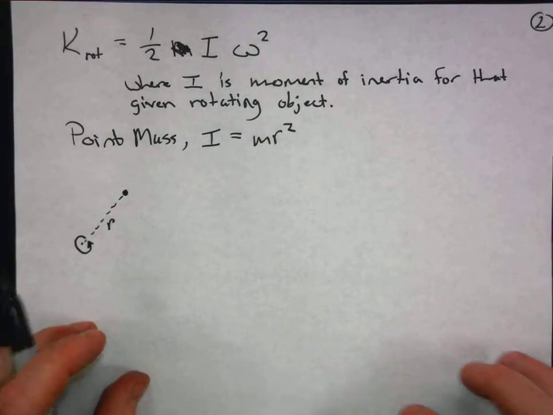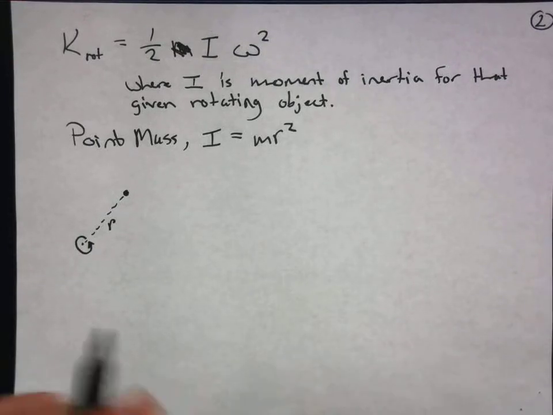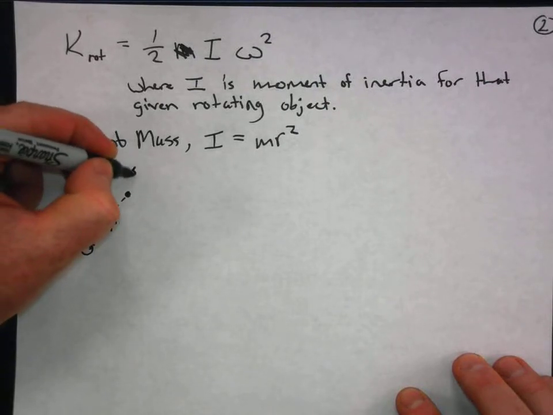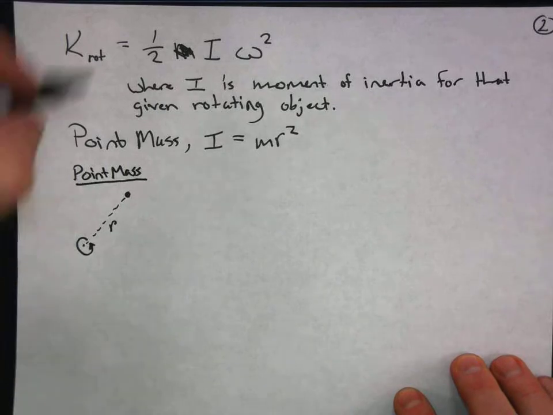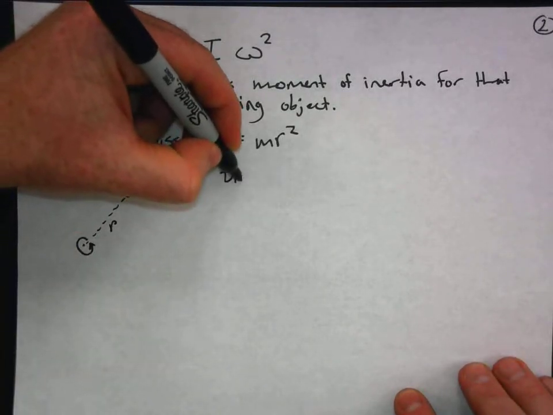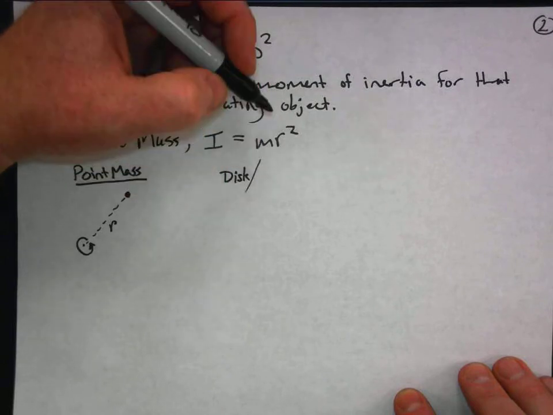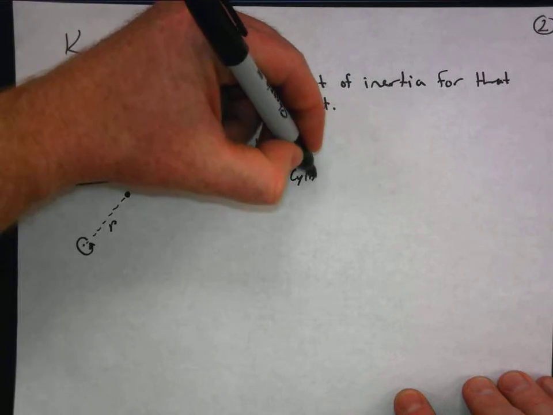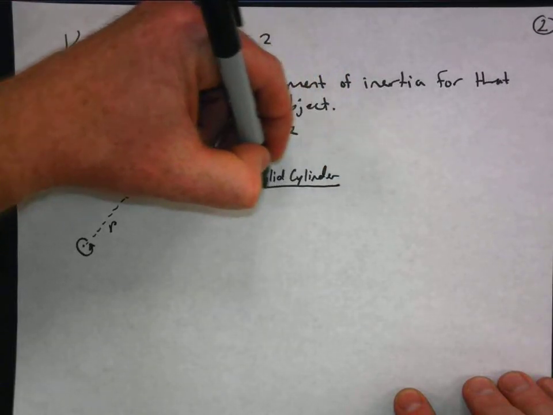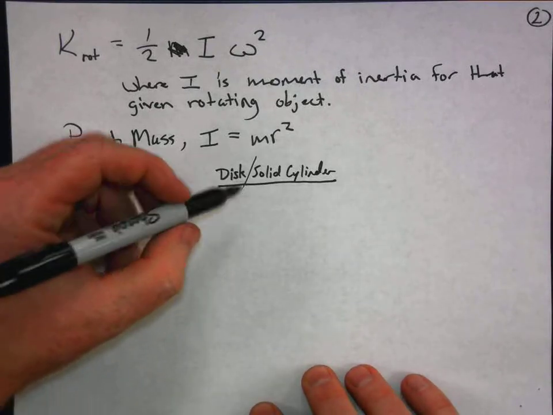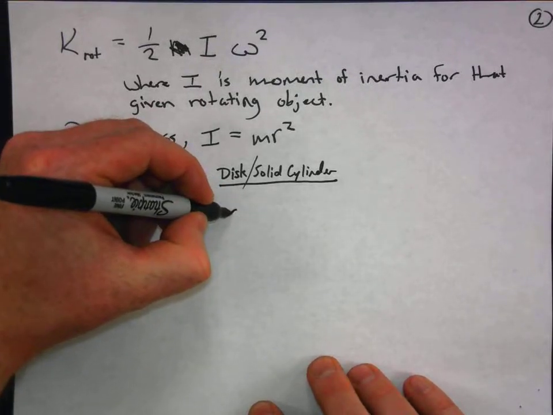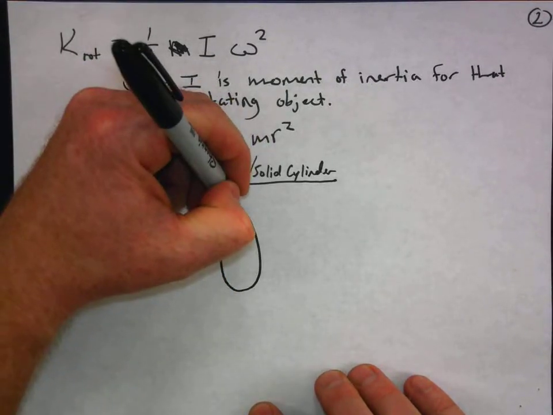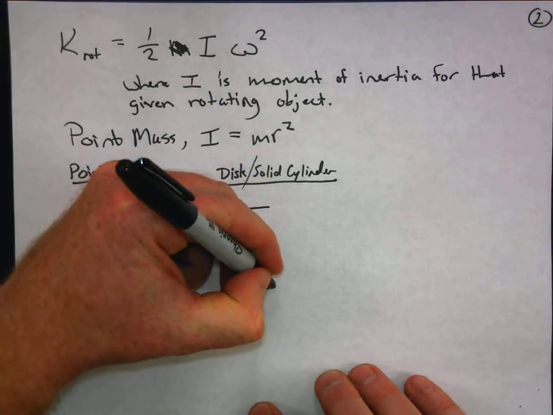We could also have, let's say, a rotating solid disk. And a disk really is equivalent to a solid cylinder. Okay, so bear with me as I try to draw this, and try to give it a bit of perspective here, three-dimensionality.